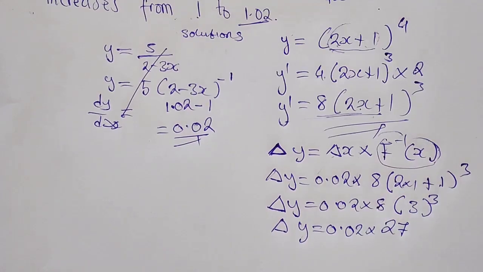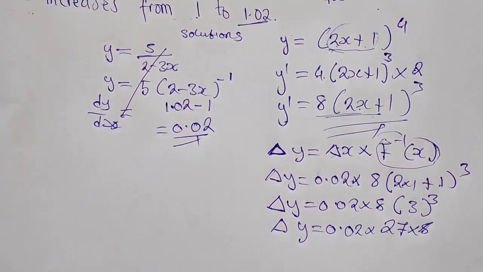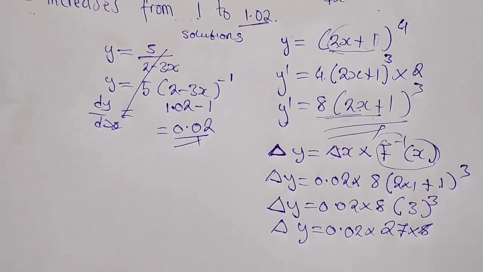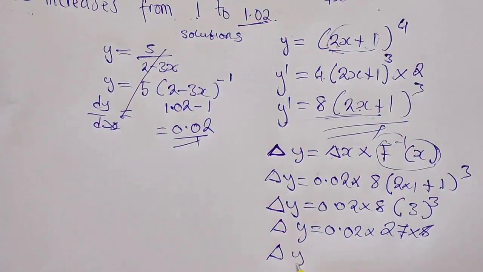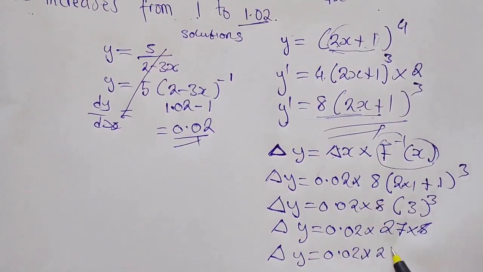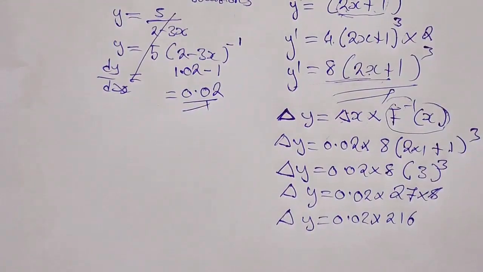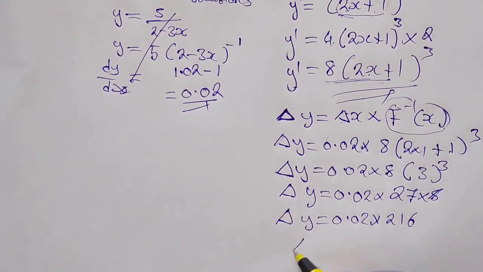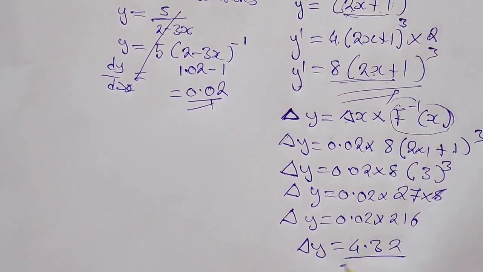So for us not to get confused, we can say 27 multiplied by 8 is 216. So change in y is equal to 0.02 multiplied by 216, which is 4.32. So change in y is equal to 4.32. This is the answer.